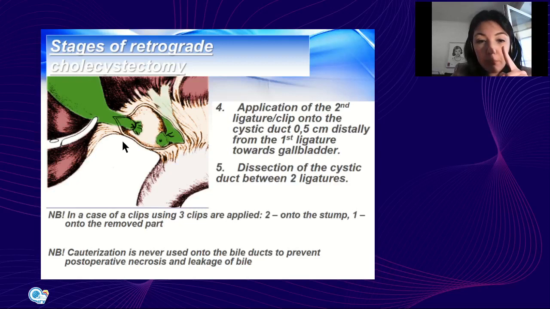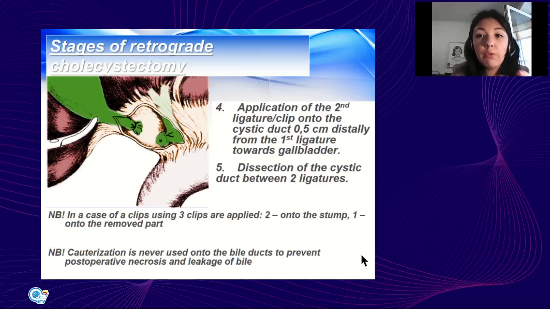What is very important is that cauterization, so electric energy, is never used onto the bile ducts, to prevent postoperative necrosis and leakage of bile. What is the mechanism of action of cauterization? It is actually nothing but a burn. And we know that burns have late complications.